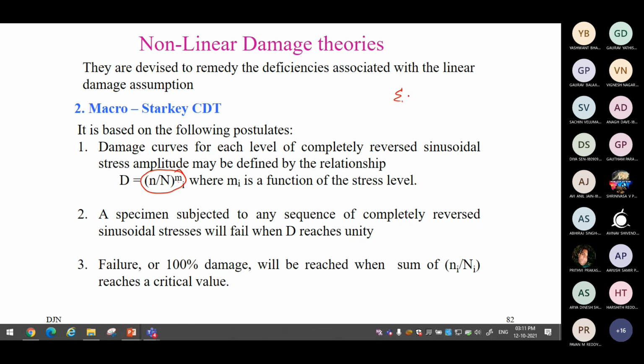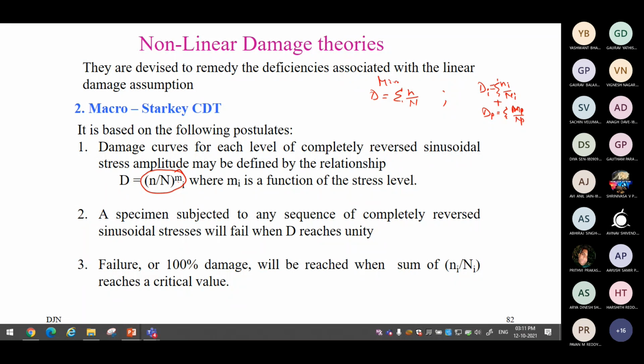Earlier, our rules are straightforward, n by N. Whether it is Miner's rule or Manson's rule, in Manson's rule I have to write one term for initiation plus one for the propagation. But these are still linear in nature.